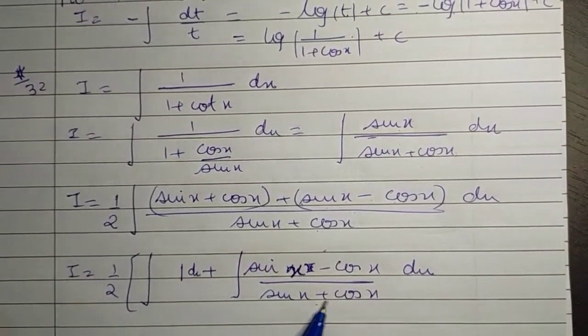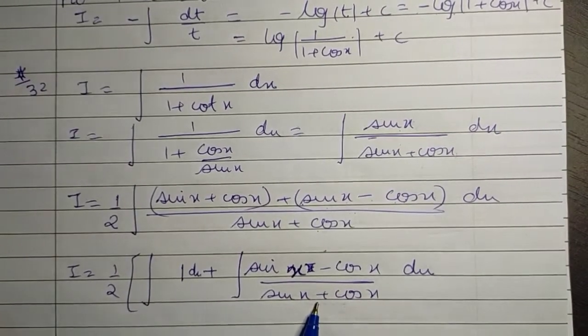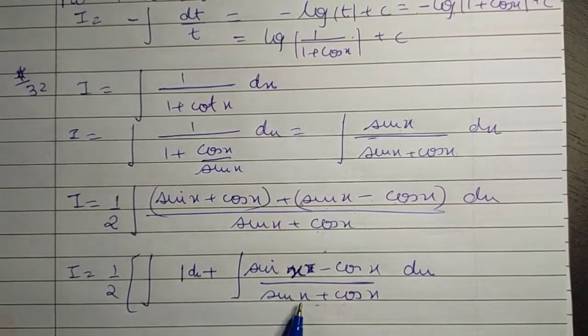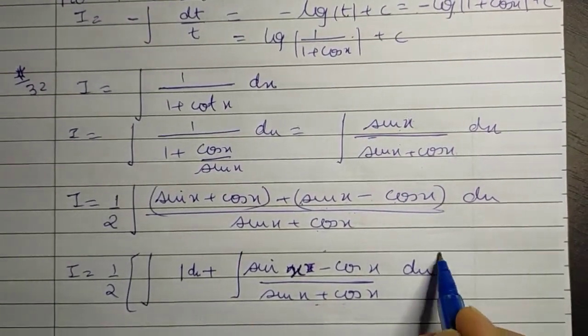Very obviously here, if you put this as t, the derivative is cos x minus sin x, which is a part of this one, and we can solve it further.